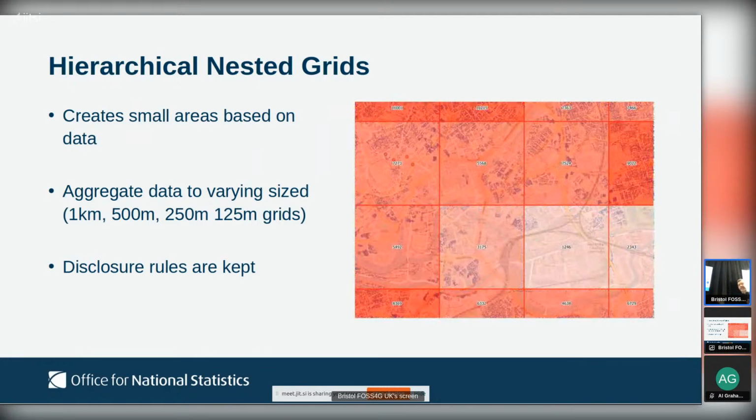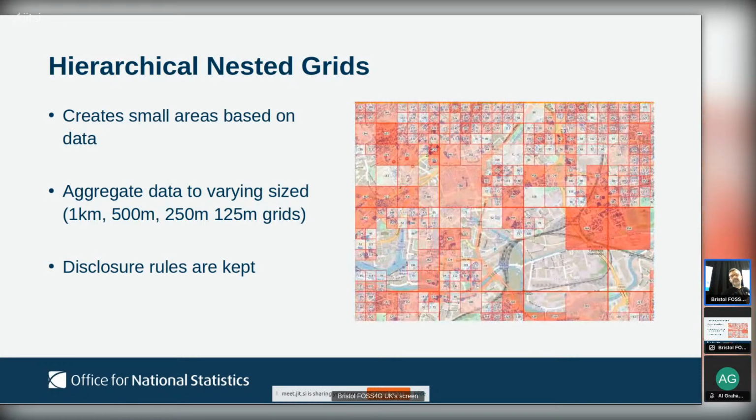And then from these aggregations, we're trying to split these grid cells into increasingly smaller grid cells so that we can get as much variation over the data set, but still keep the disclosure rules.